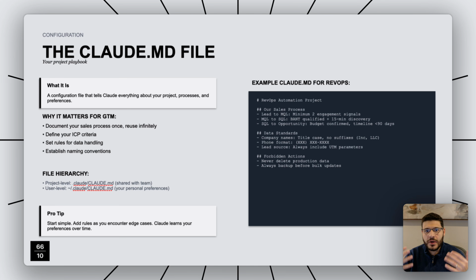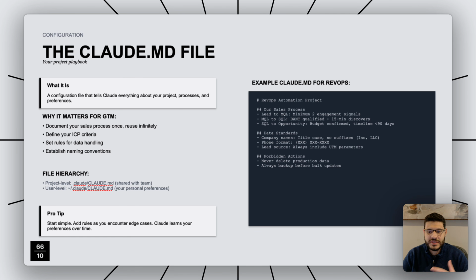MD here stands for Markdown, right? And essentially it's a configuration file that tells Claude everything about your project, your processes, and your preferences, right? So here you can really define different things like your ICP or what data you're using or what CRM you have, right? So for example, for RevOps, if you see on the right side, we have a RevOps automation project and we talk about our sales process, right?